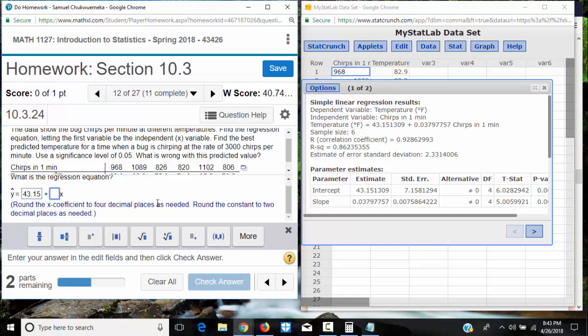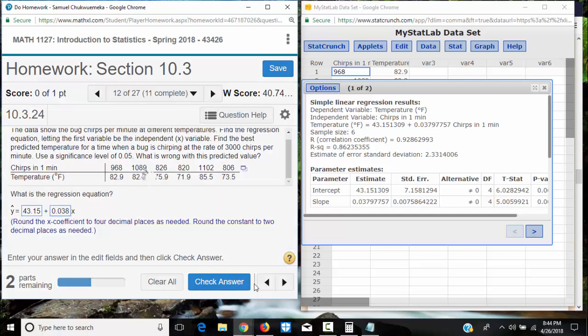The slope to 4 decimal places would be 0.0380, because it's 0, 1, 2, 3, 4. So 0.0380, or you just put 0.038.